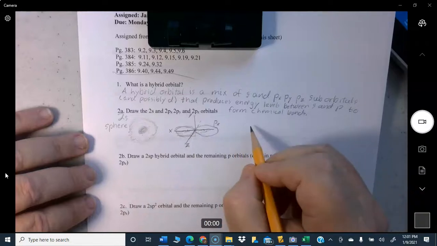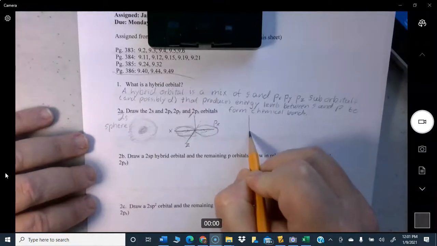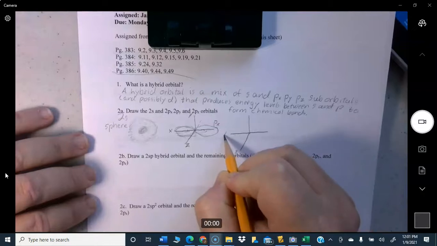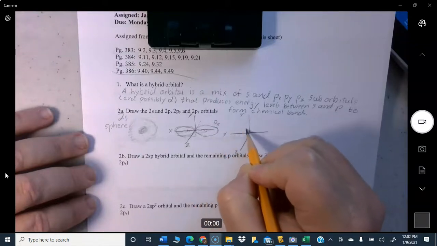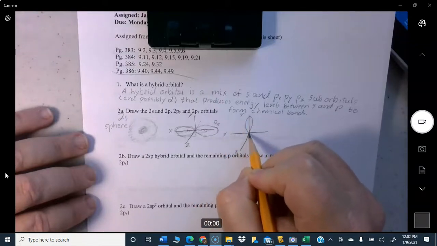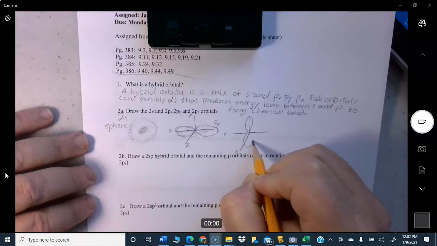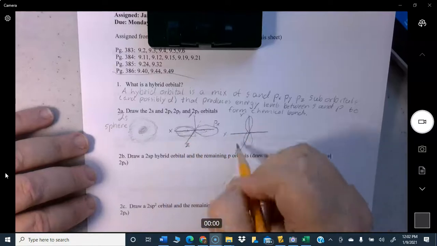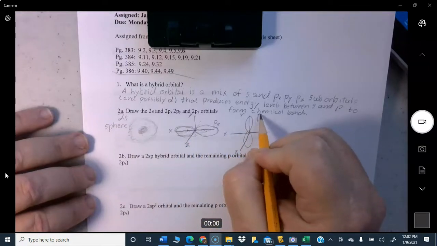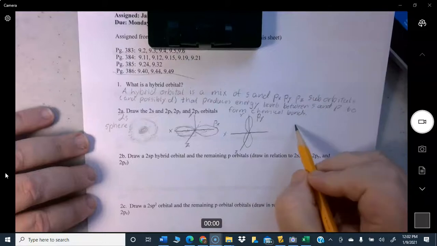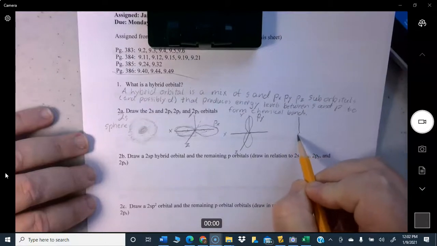All right. Then you can have the py. And that's going to look exactly the same. Again, these are all in the notes. And this is the up and down one. This is horizontal. This is vertical. And finally, you can have the pz.